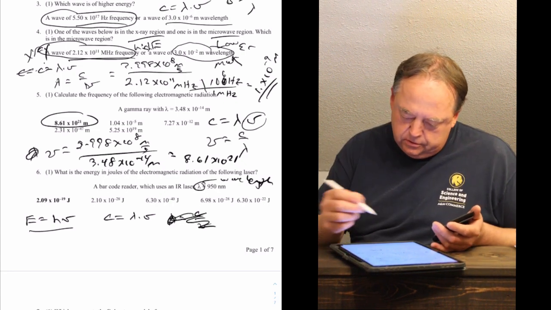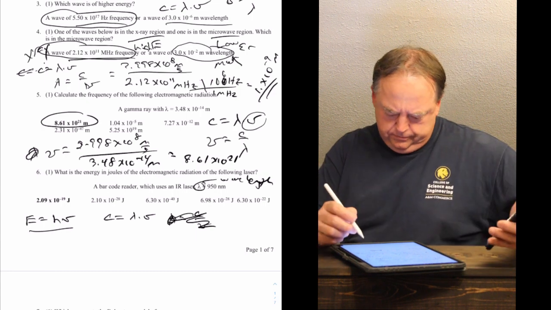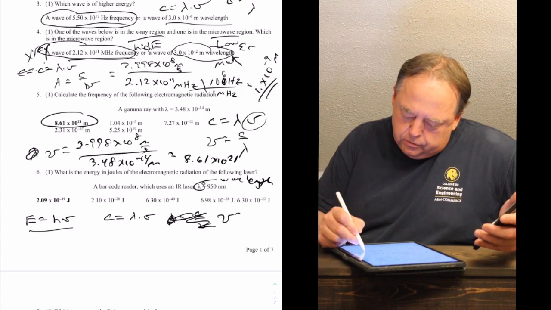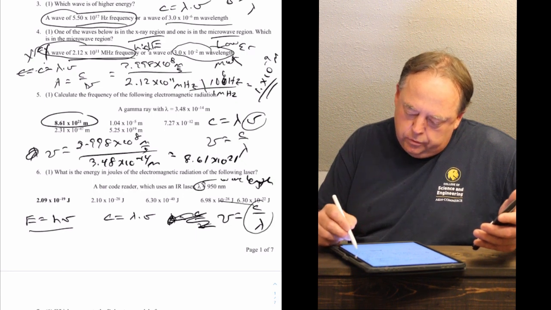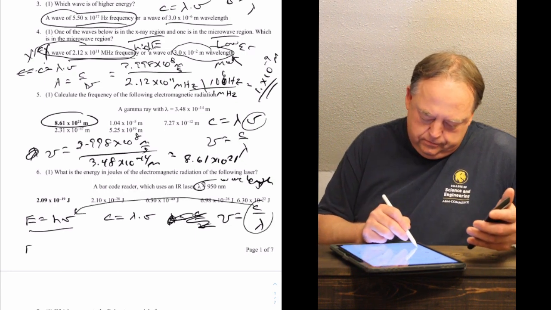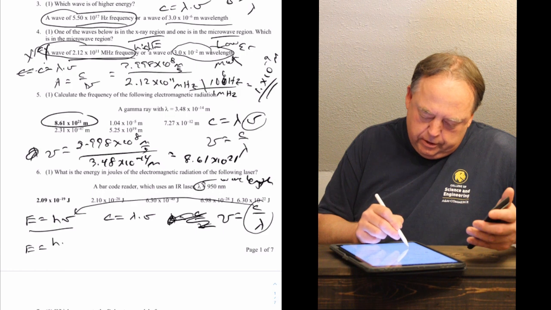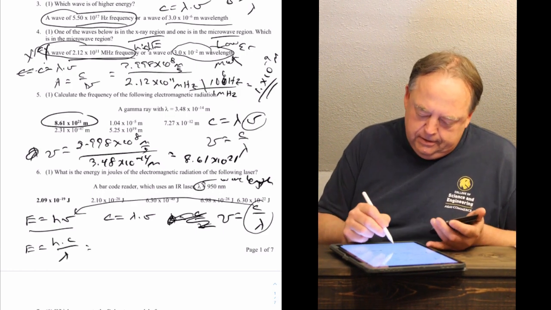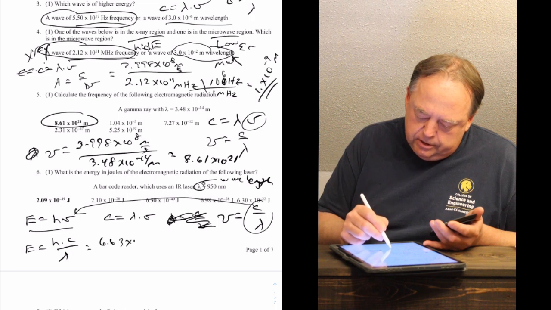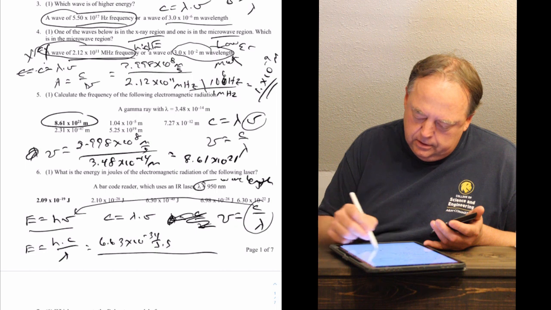We're given wavelength, so solve for frequency. Frequency is equal to speed of light divided by wavelength, and then we can plug that in here. So E is equal to h times c divided by wavelength. Okay, so h is 6.63 times 10 to the minus 34 joules times seconds.